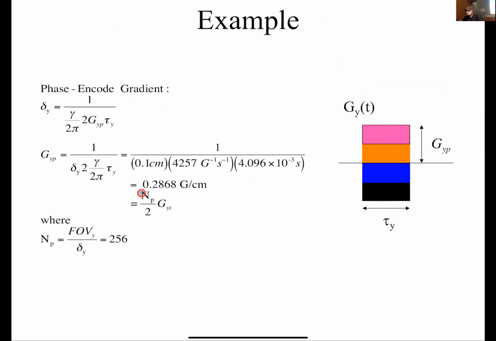It turns out this is just NP over 2 times GYI, which is the size of each increment. If I have 256 samples, I've got to go 128 one way and 128 the other way. So this number here would just be 128. If you actually solve for things, you'll find that it's 128. Okay, any questions on that?